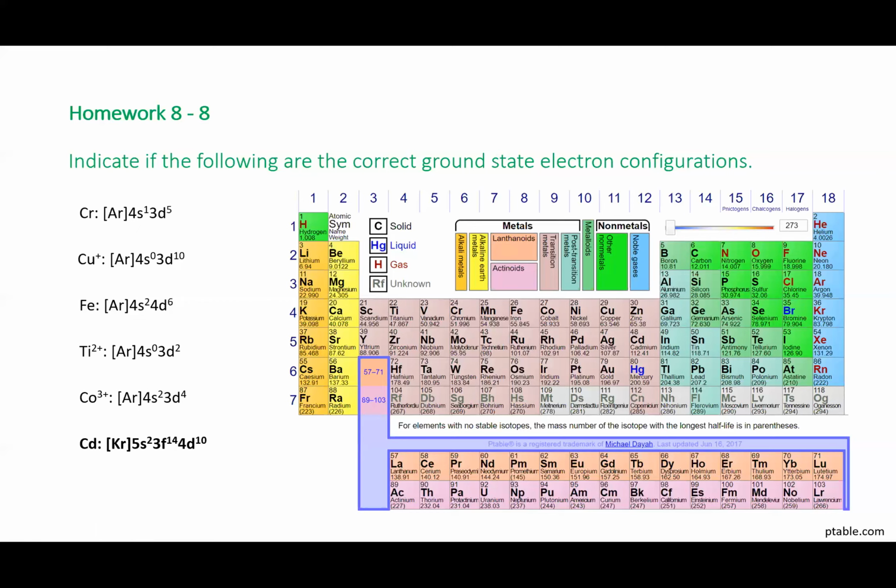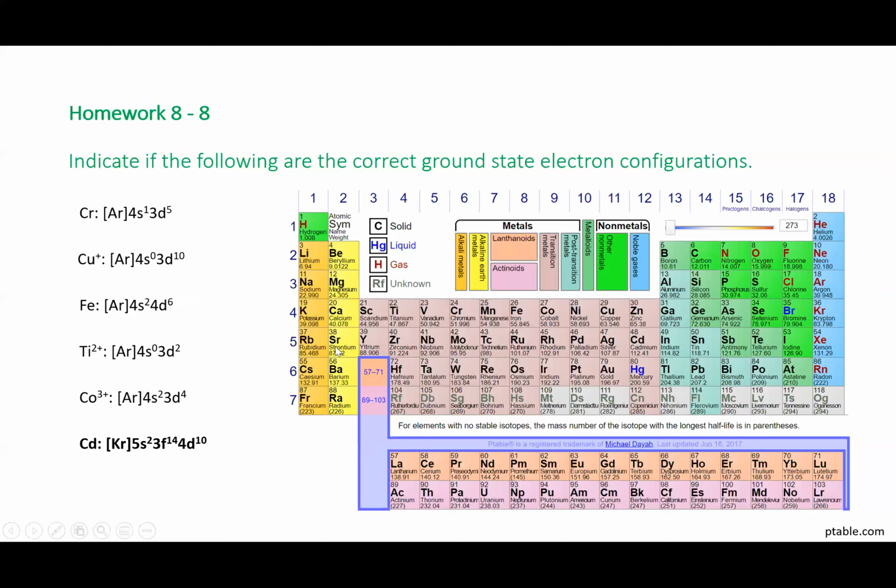Finally, we want to move on to cadmium, and cadmium is here on the 5th period. So if you go one up and all the way to the right, krypton is where you should start your electron configuration. And let's start filling in electrons from left to right in order to reach cadmium.